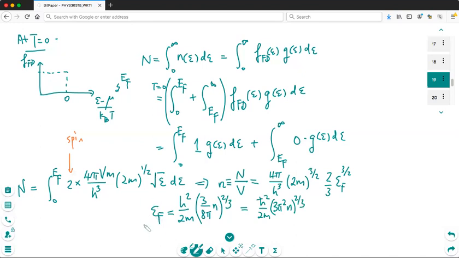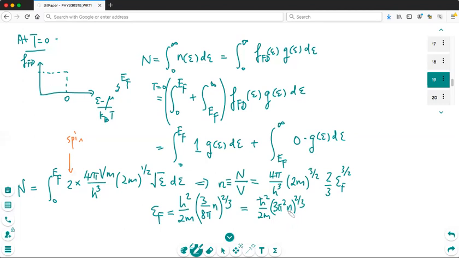So the Fermi energy, it makes sense too, right? Look at this picture. I gave you this picture and I told you how to interpret this. So if you have the same energy levels, how do you have a system with a higher Fermi energy? The way you need to have a higher energy is to have more particles, right?